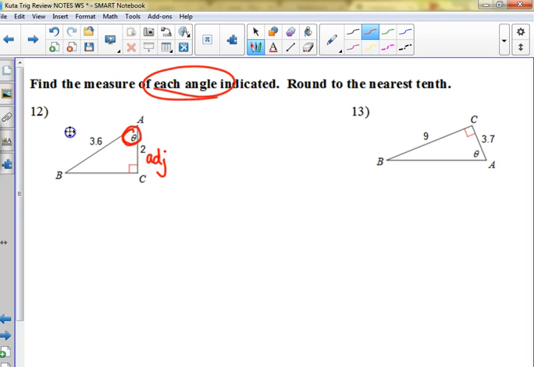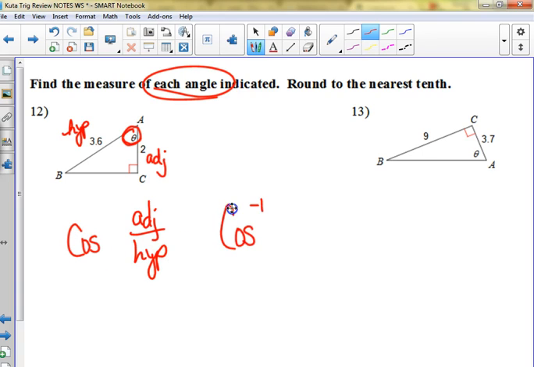An adjacent leg, and this 3.6 is called the hypotenuse. Anybody confused? Speak now. Okay. What uses adjacent over hypotenuse is cosine. So we are going to need to do the inverse cosine of 2 over 3.6.